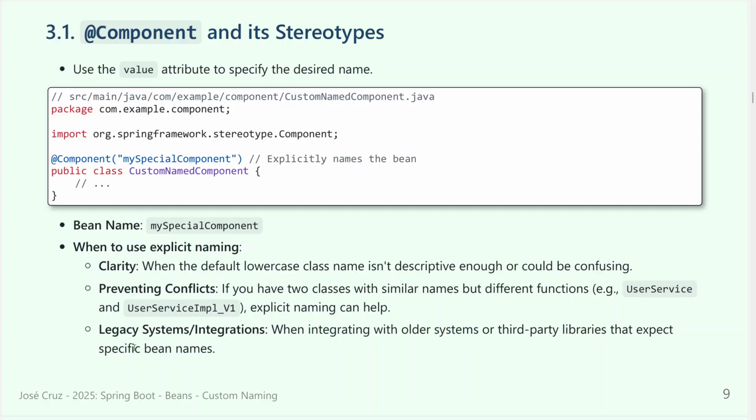And of course, when you are using legacy systems integrations, imagine that you have applications that you are migrating, or integrating in your Spring Boot application, and you are integrating with older systems or third-party libraries that expect specific bean names, meaning that they expect some bean names that you are replacing with others.